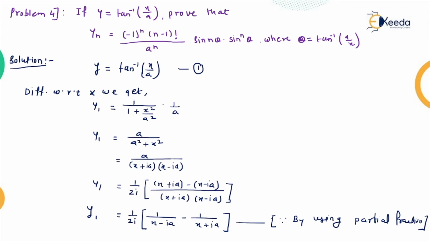Now let's see what we do here. Let y1 be this, 1 upon 2i in bracket, 1 upon x minus ia minus 1 upon x plus i into a.